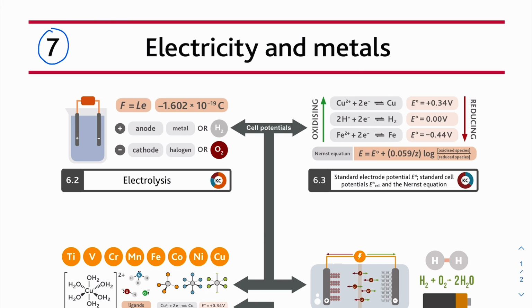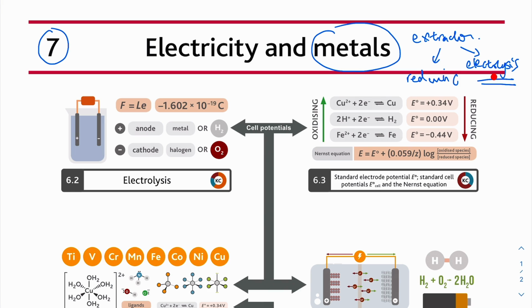So this is talking about electricity and metals. As we know, from GCSE or O-level, we talk about extraction of metal, which of course you can use reduction with carbon. That will be the cheaper method, but not all metal can be extracted that way, and we have to resort to electrolysis, which involves a large amount of electricity, both of which still involve redox changes.